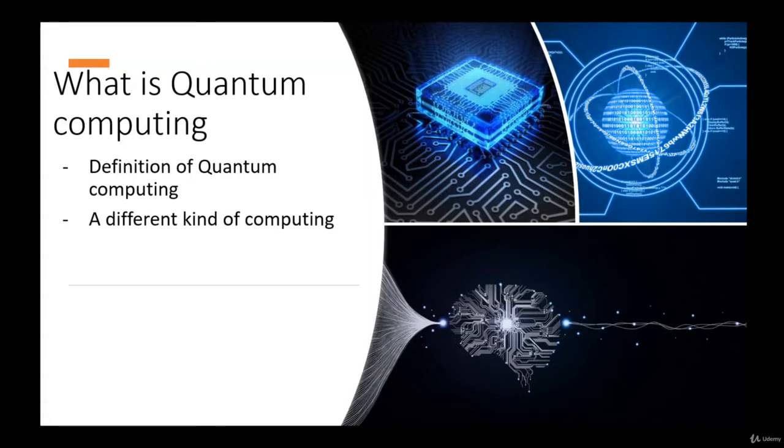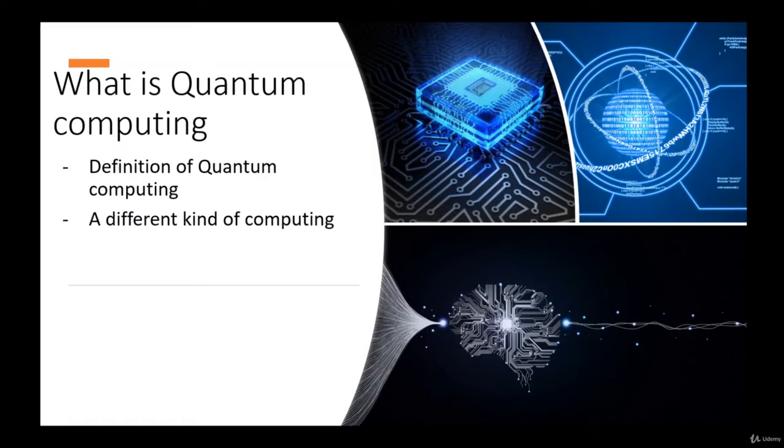A bit could be 1 or 0, but a qubit is a bit more advanced. It could be both at the same time because of the property of superposition. This is a property of quantum computing, and we're going to talk about it a bit later, in another class. But just for your information, superposition is one of the properties of quantum computing.